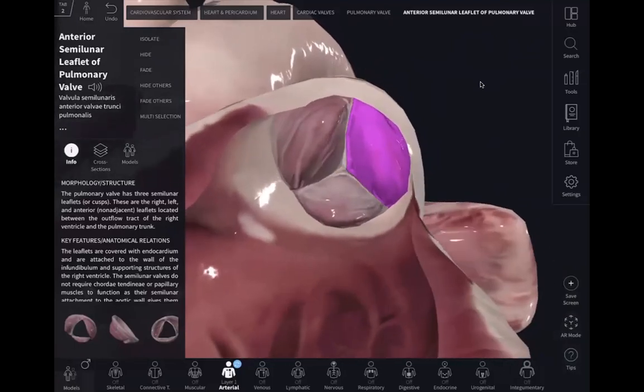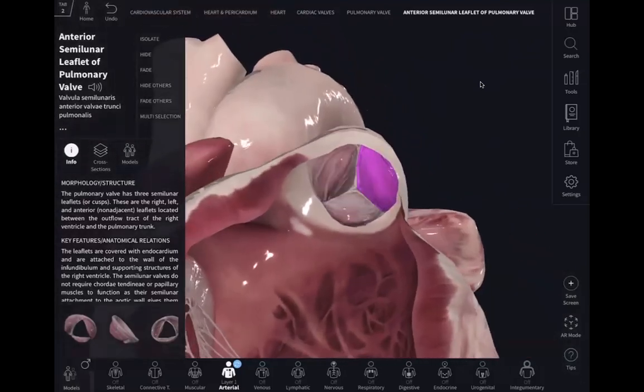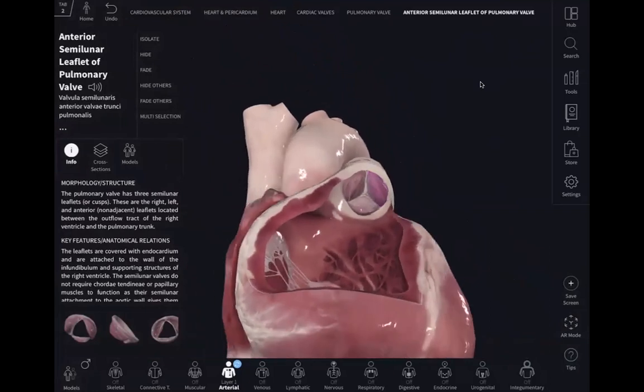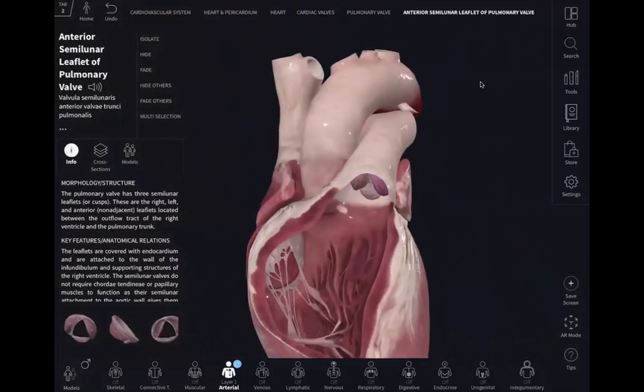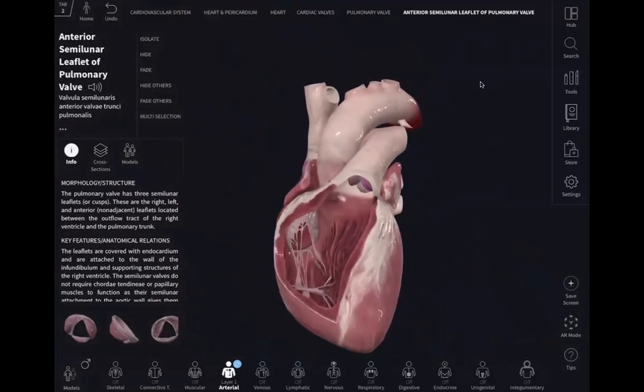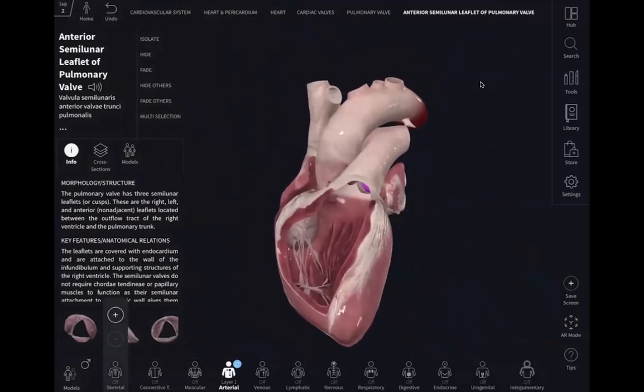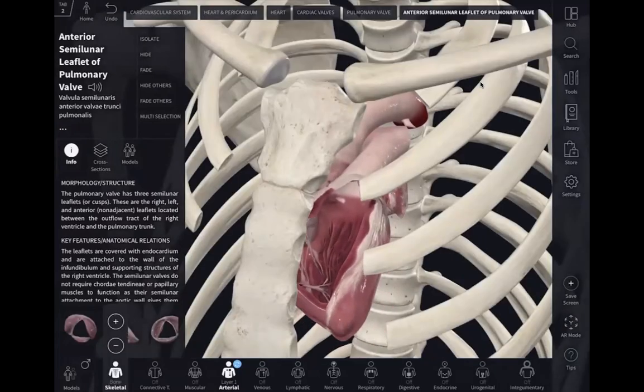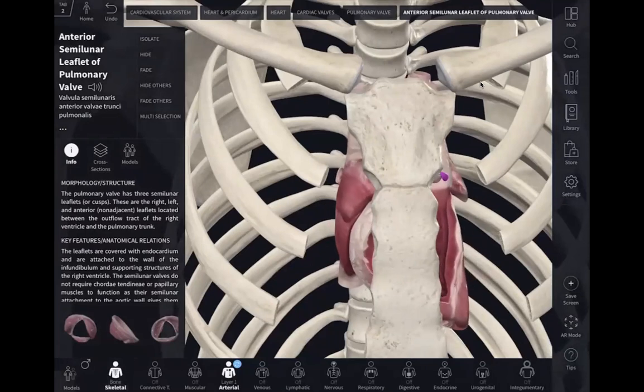So this is the pulmonary valve itself. From the right-hand side we can see two valves. I'm showing this because I want you to know the exact location of those valves, because you need to auscultate those areas as well.